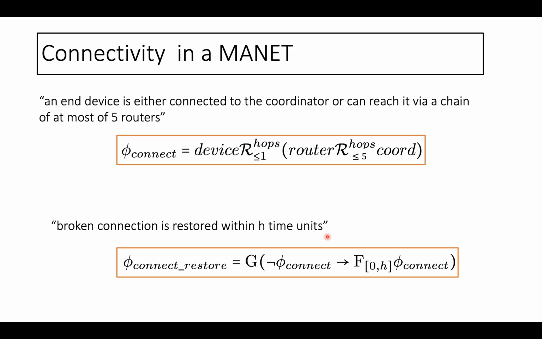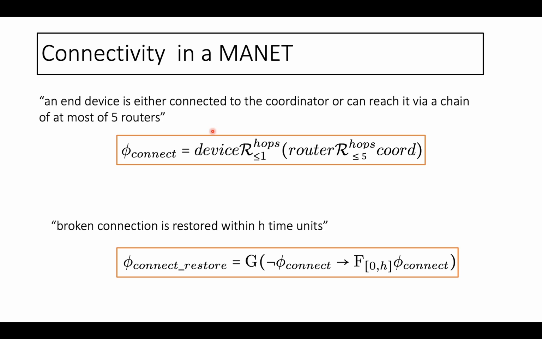In the first property, we're going to specify a connectivity behavior of our system. In particular, we want to specify that an end device is either connected to a coordinator or can reach it via a chain of at most 5 routers.